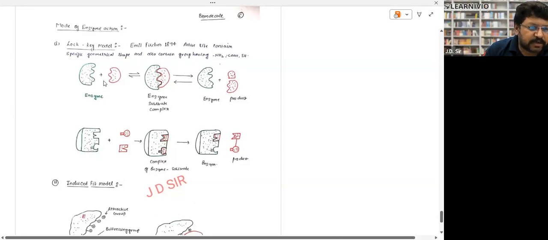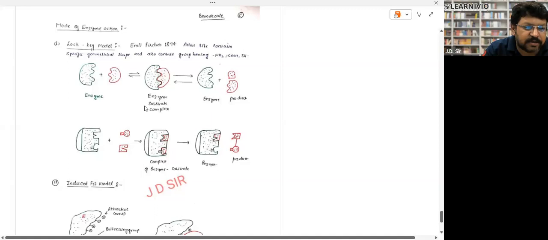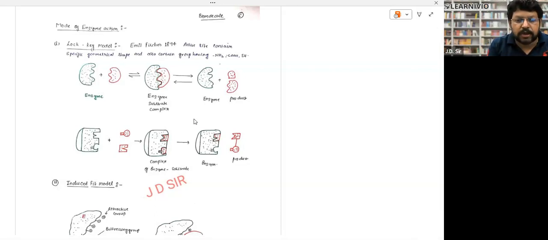They said that the shape of the active site matches the shape of the substrate. The enzyme and substrate make a complex, and then the substrate becomes product, and the enzyme is reutilized. That is called the key and lock model. So like every lock has its own key, every enzyme has its own specific substrate. Is that clear?